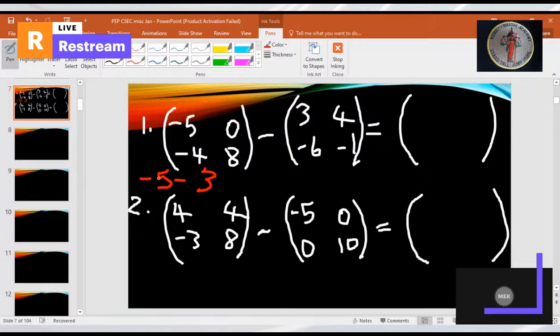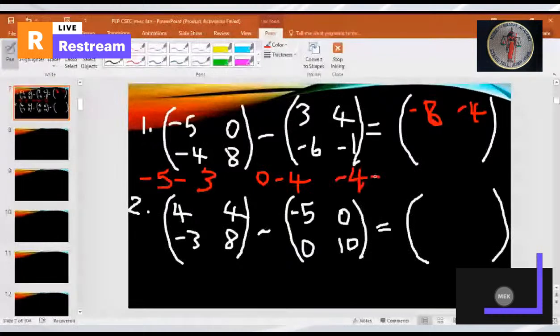Next we have 0 minus 4. So 0 minus 4 gives -4. Then -4 minus -6. Remember, we have a minus negative, which works as a plus.